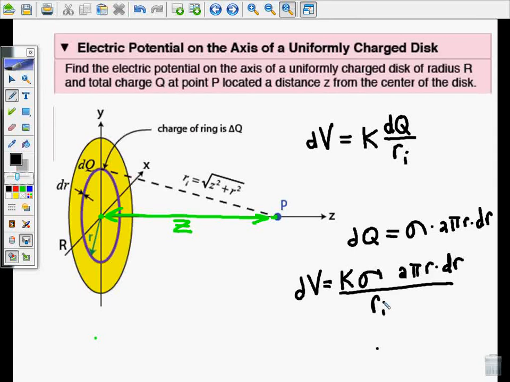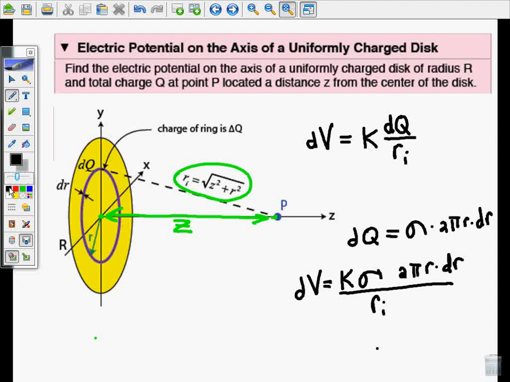Now, of course, that r sub i, we're going to have to make this substitution right here, right? And we're going to integrate that from 0 to r.